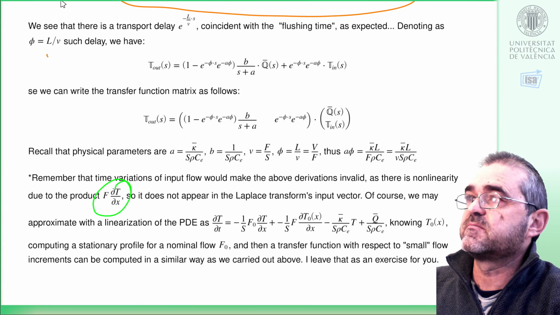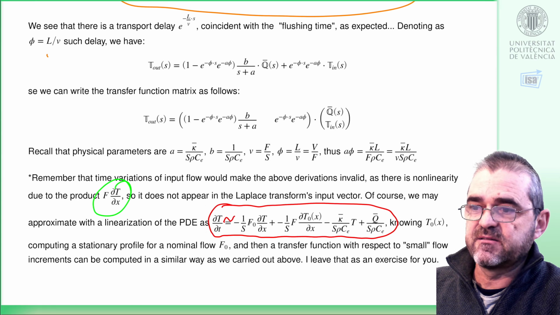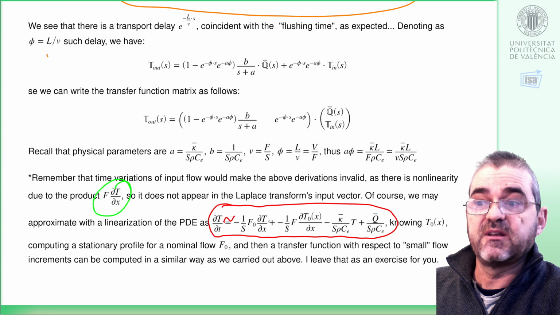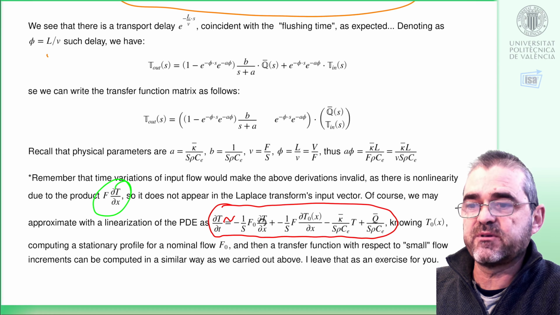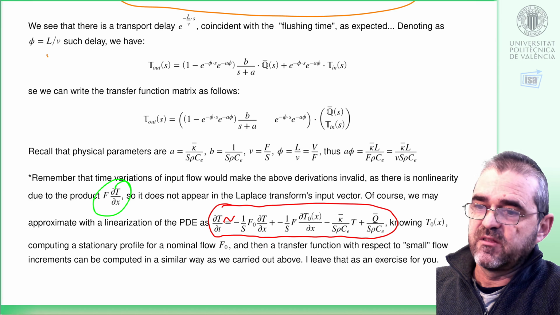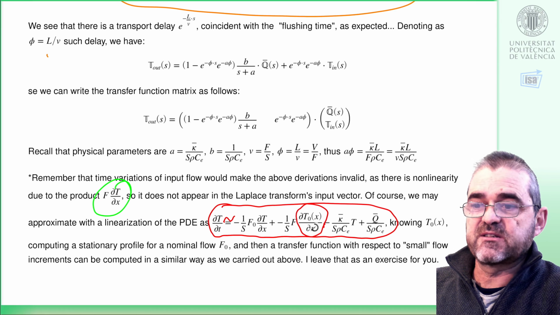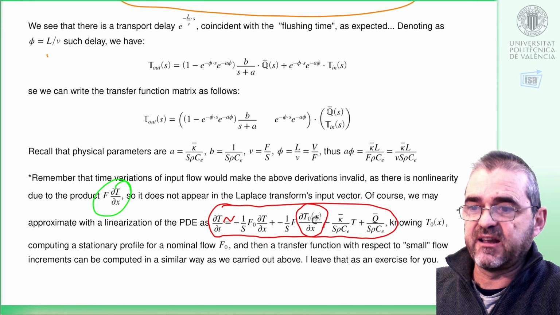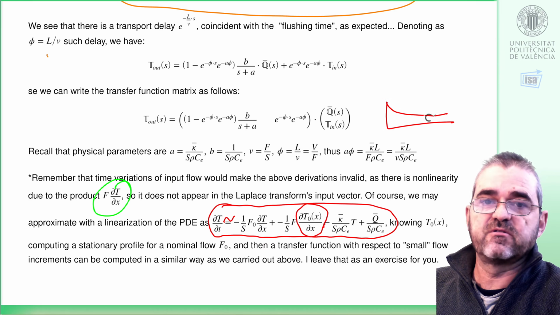So in that case, we will need to linearize this product as the nominal flow times the partial of the temperature with respect to the position. Now temperature will be an incremental variable around a certain operating point, plus the true flow times the derivative with respect to x of the temperature profile in a given operating point, which surely will be sort of exponential or like that.